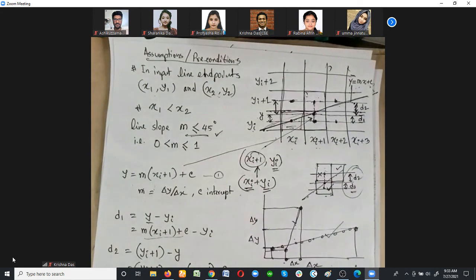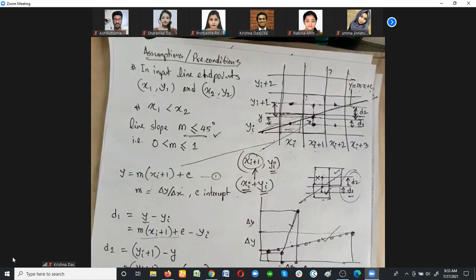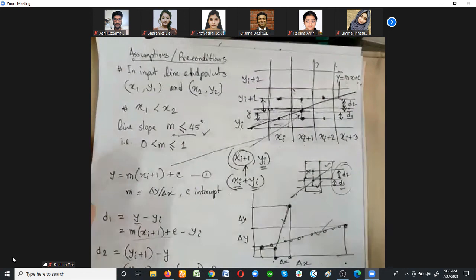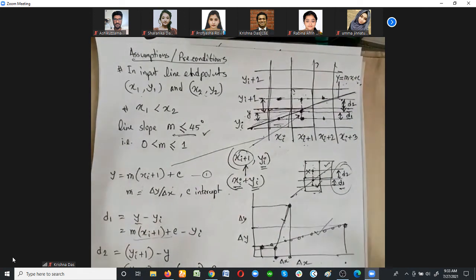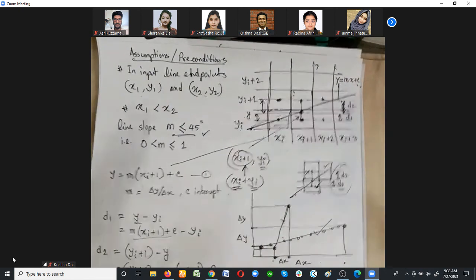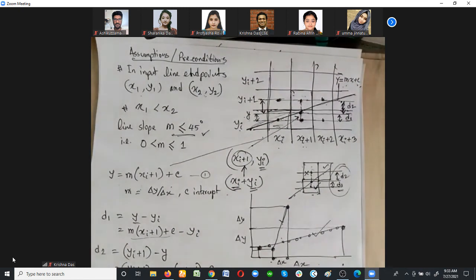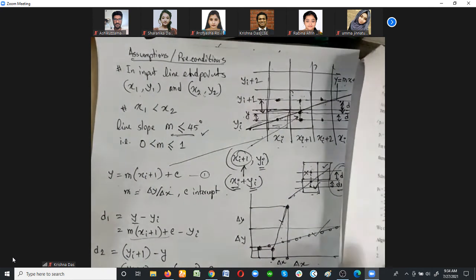During the exam in physical classes, we ask for the derivation of the algorithm, and we have another derivation for circle drawing, which is the same. But in this online exam I don't ask for the derivation, because students can copy straight away. So I go for problem solving, so that each individual student can do a different problem.